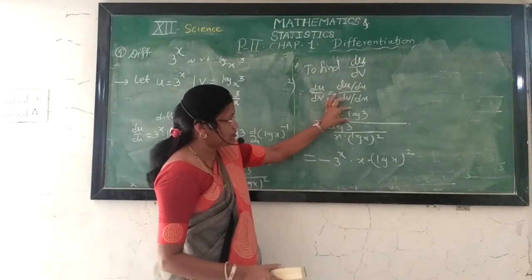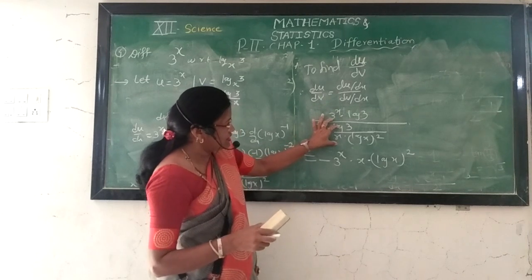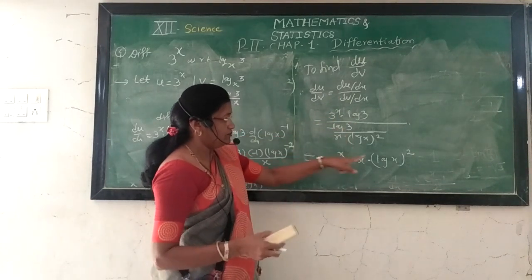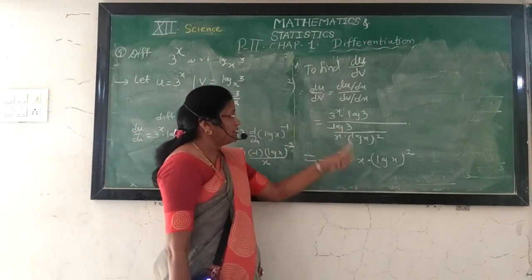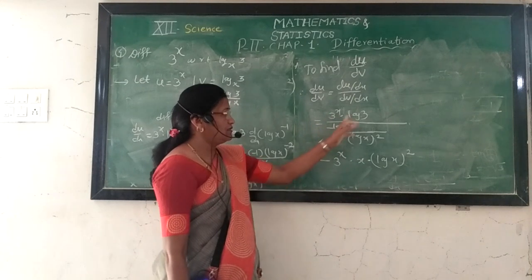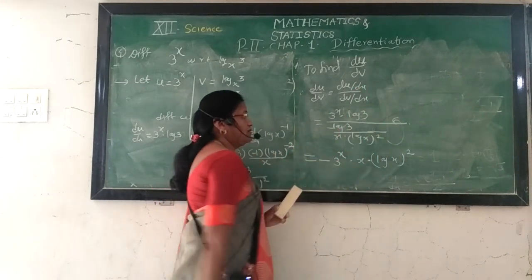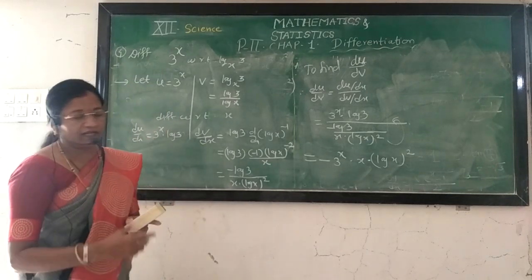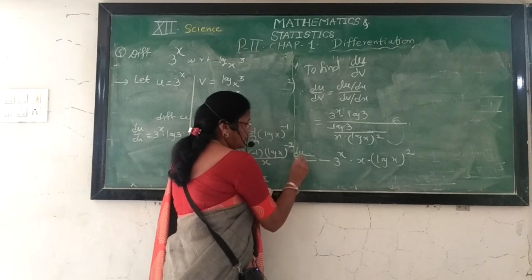The numerator has denominator 1 and this rational function can be multiplied by the reciprocal. So minus 3 raised to x into x log x bracket square is the derivative of the given function u.